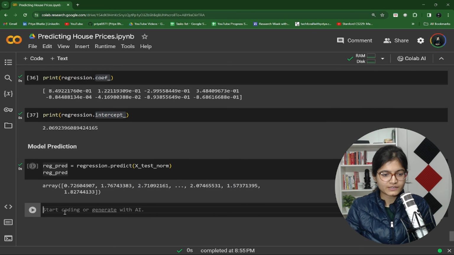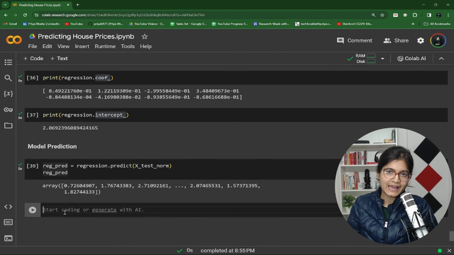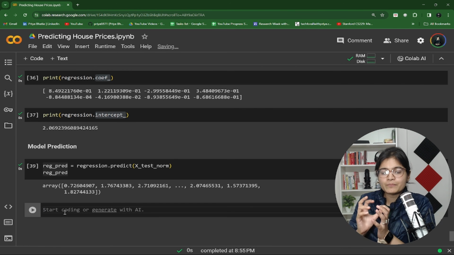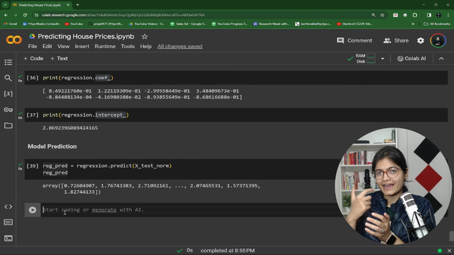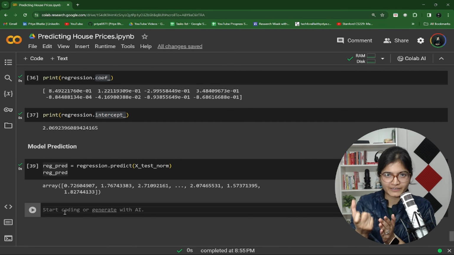Now, if you remember, when I was explaining the concept of linear regression, I explained what is the meaning of residual, or what is the meaning of an error. Do you remember that? The difference between the actual value and the predicted value.